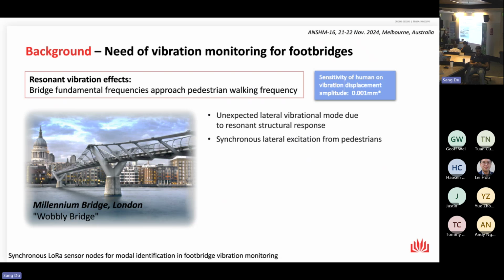This bridge presented very large sway motion on its open day because the excitation from the pedestrians happened to have the same vibration frequency as this suspension bridge, which enlarged its lateral vibration mode. This can cause a resonant vibration effect which makes people feel unsafe and gives them a sense of unease when they're walking on the footbridge.